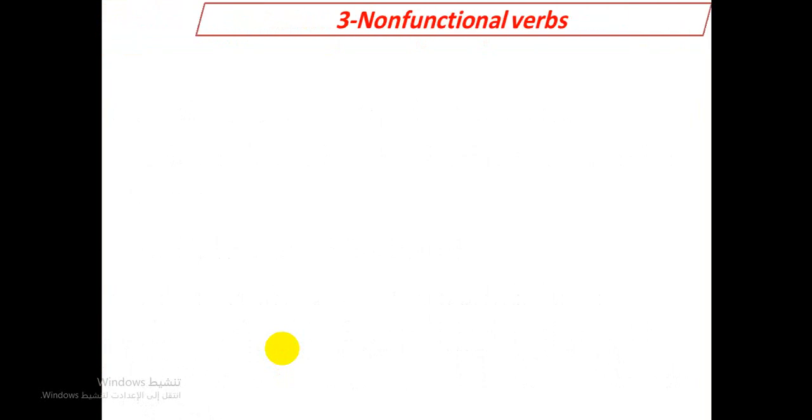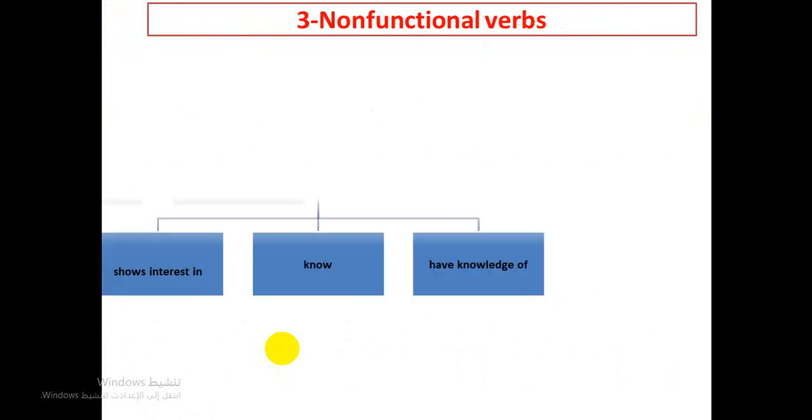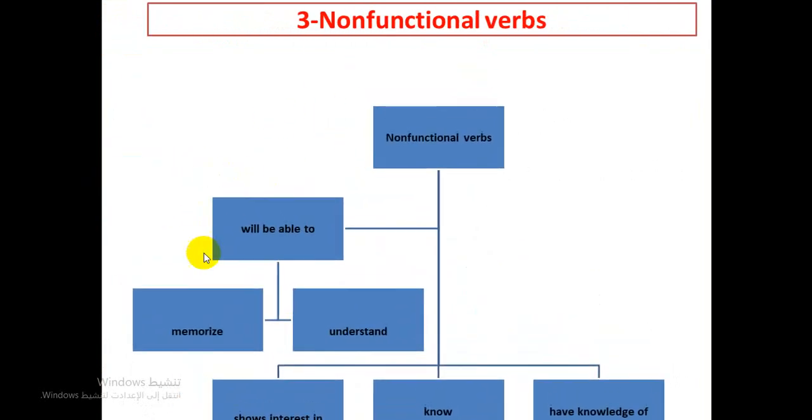Here, non-functional verbs. The following verbs can't be measured. They should be avoided when writing objectives. Why? Because they are not dynamic. They can't be measured.